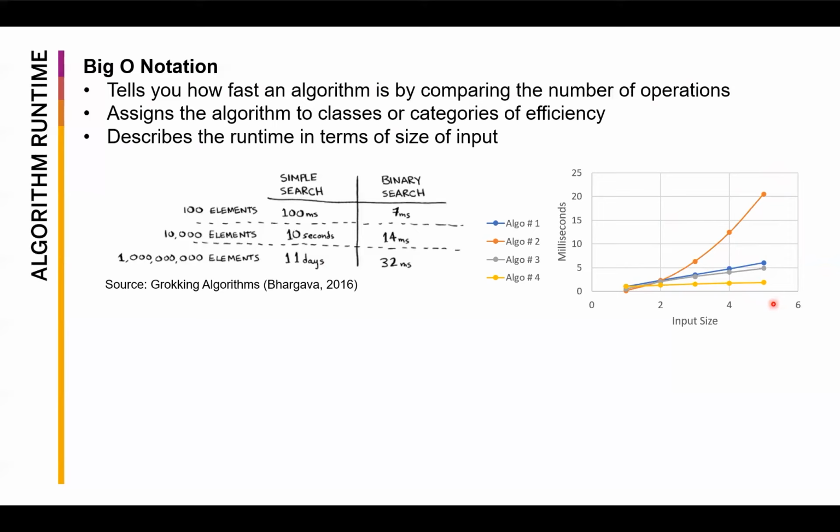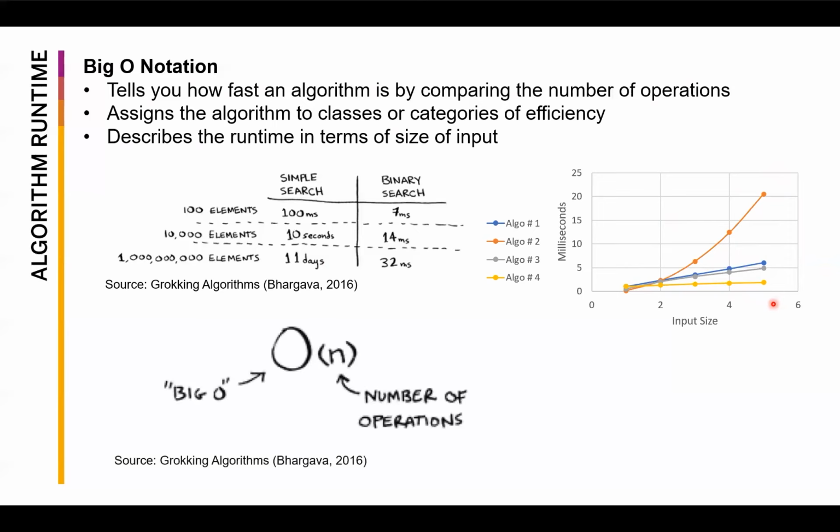So how do we write the big O? It's very simple. We have the big O as a function of the number of operations, so O of n. Now, what are these categories we're referring to, these classes or categories of efficiency?